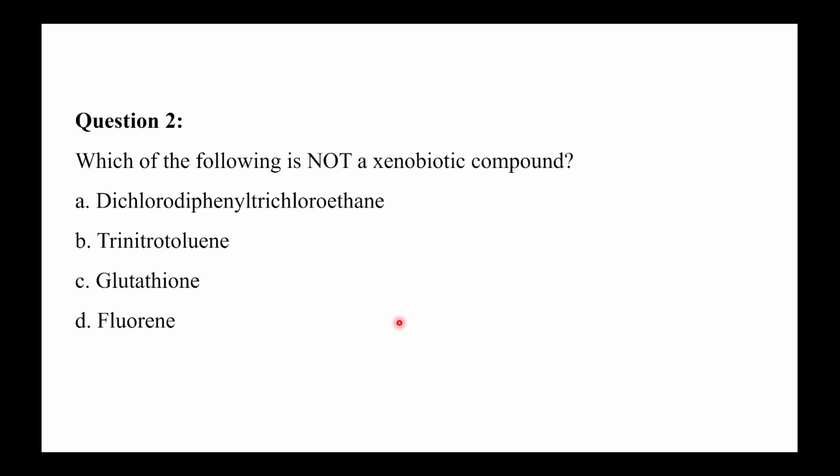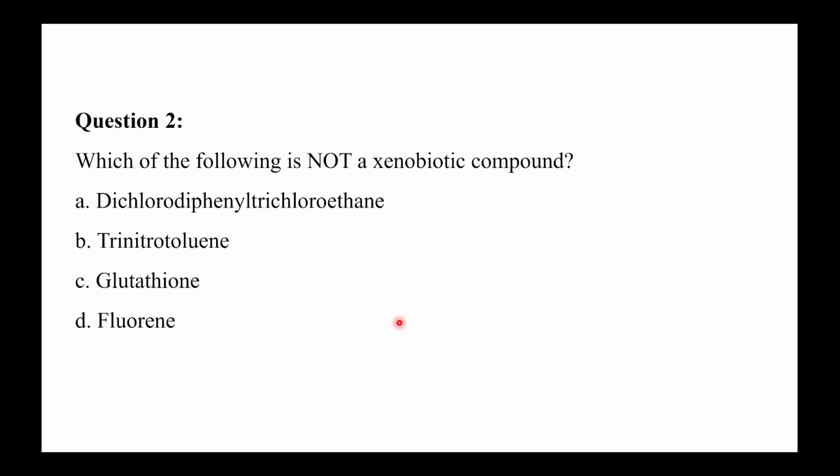Question number 2. Which of the following is not a xenobiotic compound? Option A is dichloro-diphenyl trichloroethane. Option B is trinitrotoluene. Option C is glutathione.